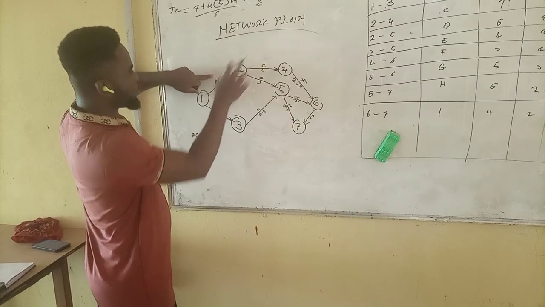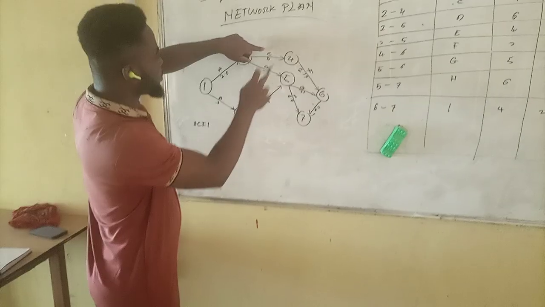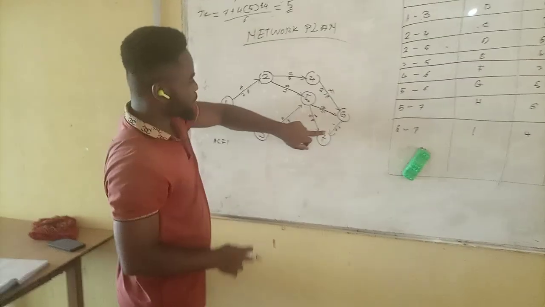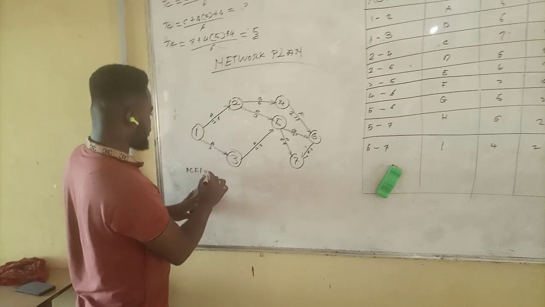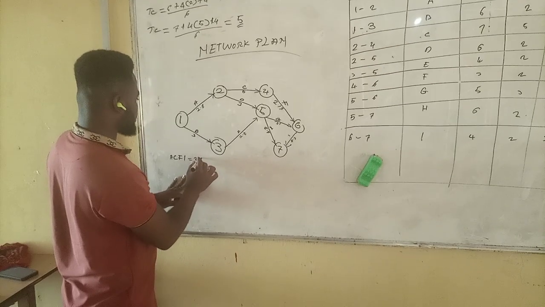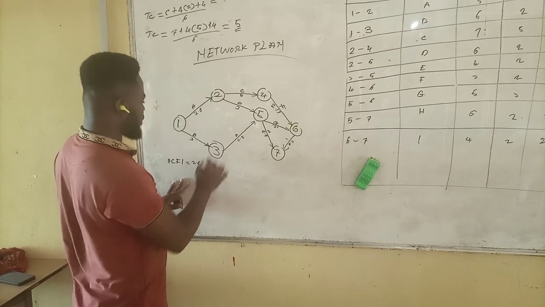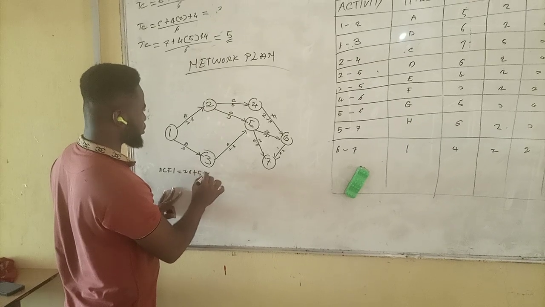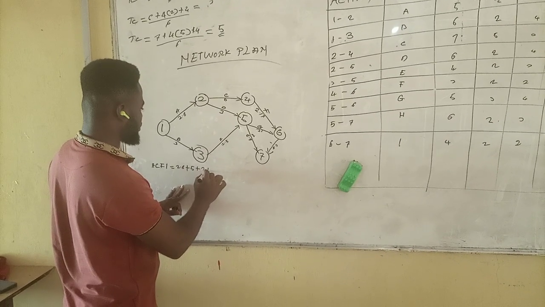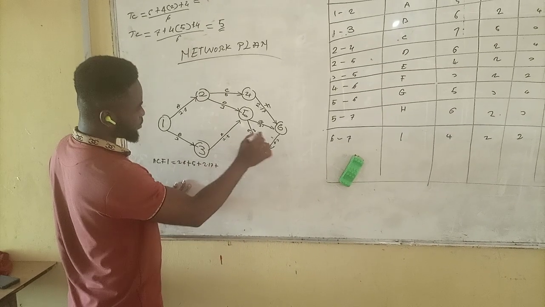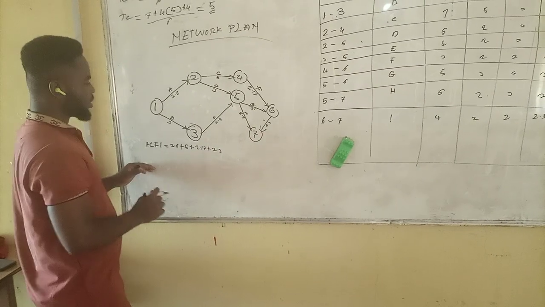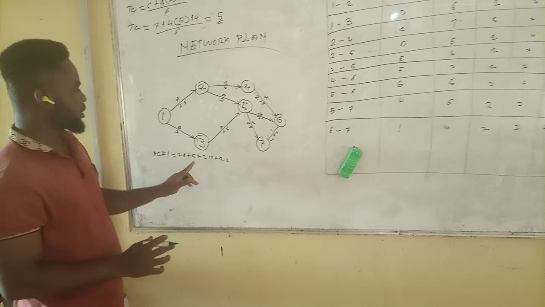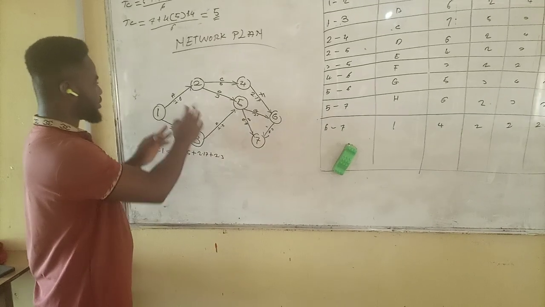So this title A, title C, title F, and title I equals to 2.6 plus 5 plus 2.1 plus 2.3. This is the whole activity and the TEs here.